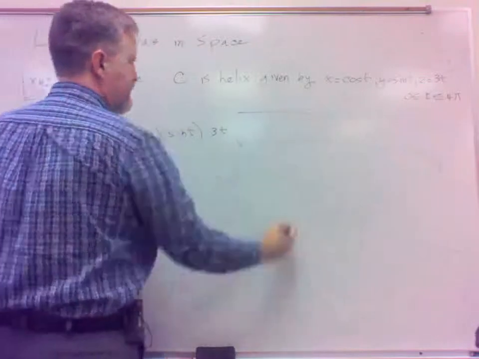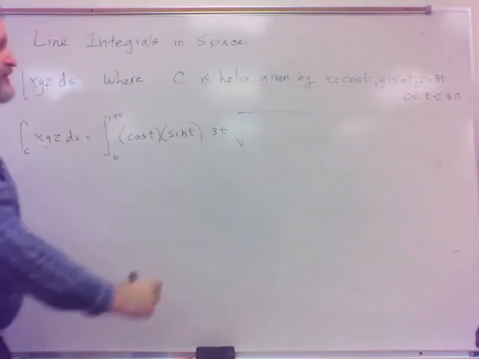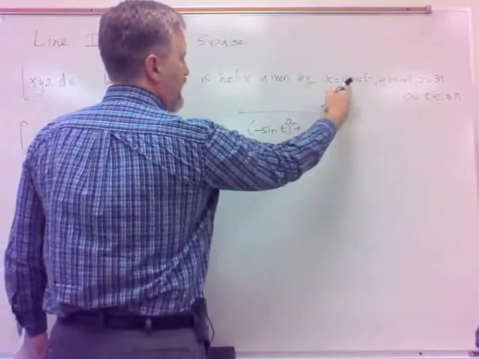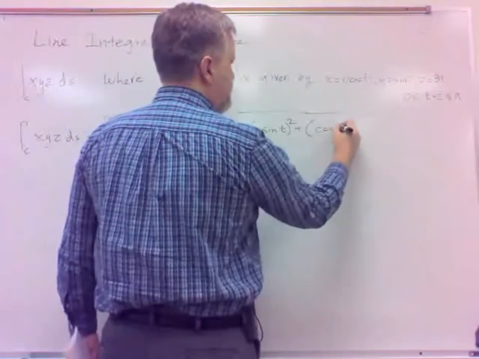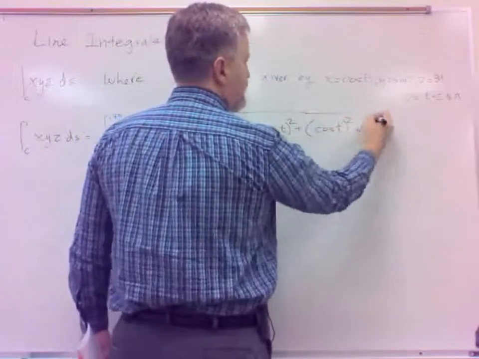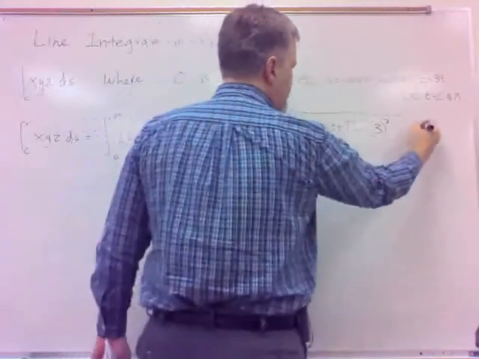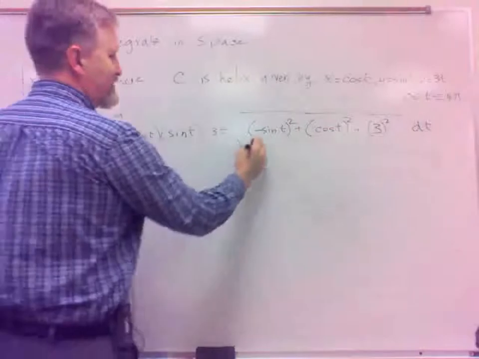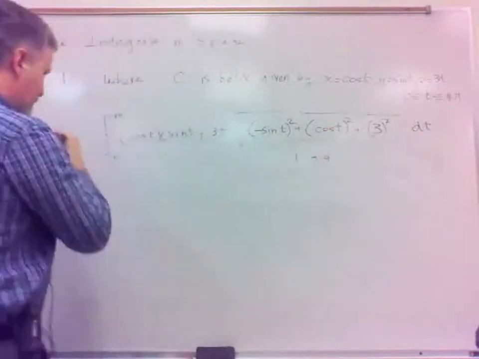And then underneath the square root, we need to do the derivatives, all the derivatives squared. So it'll be negative sine t squared for x. Derivative of y would be cosine t squared. And then z's derivative is 3, so 3 squared. And yeah, helix is a good one to choose because that makes, what do we got here? We got 1 plus 9, so we got the square root of 10.